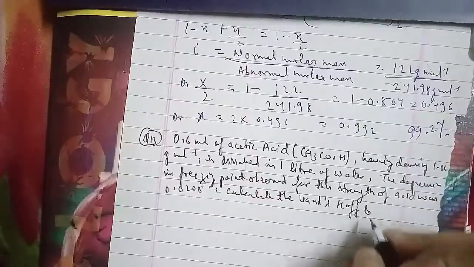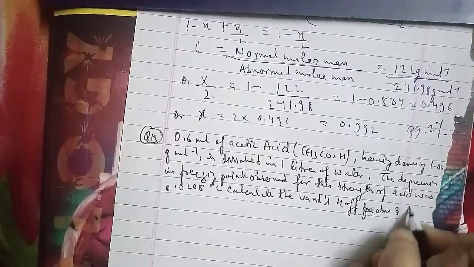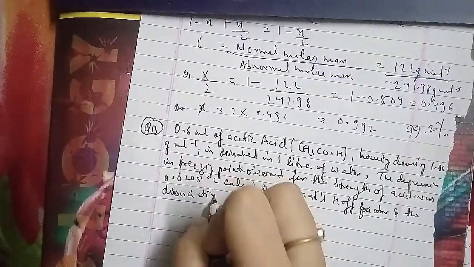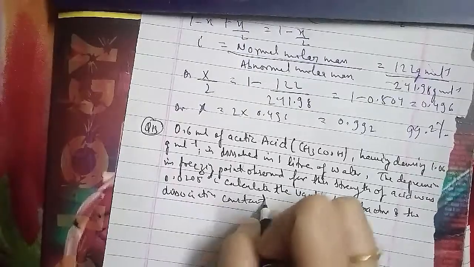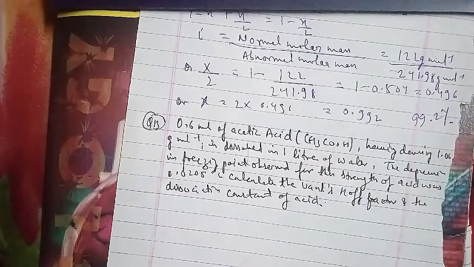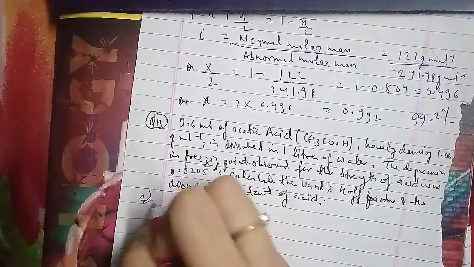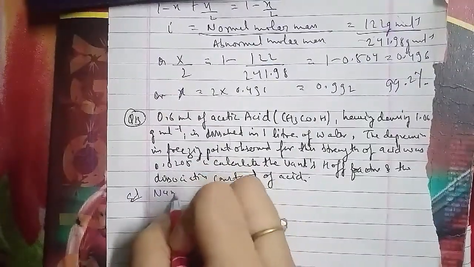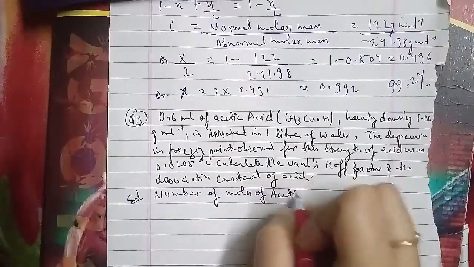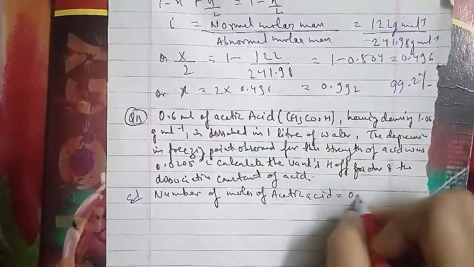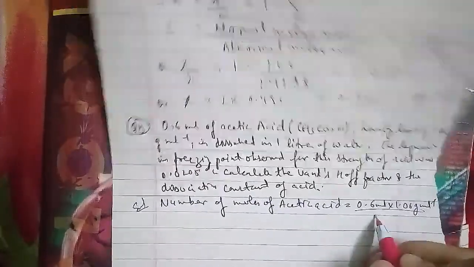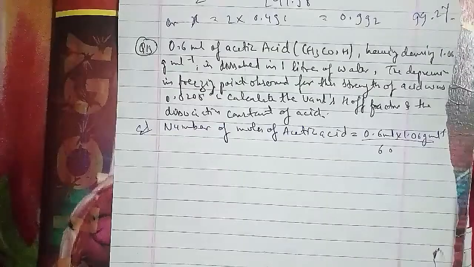Here the number of moles of acetic acid equals 0.6 ml into 1.06 g mL^-1 upon 60 g mol^-1, which equals 0.0106 mole, that is n.